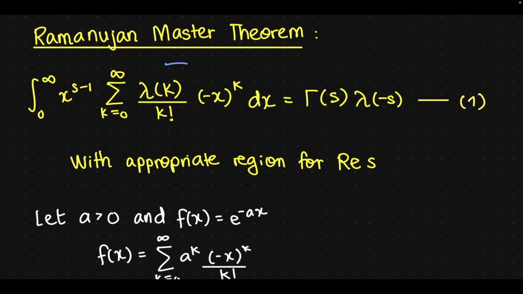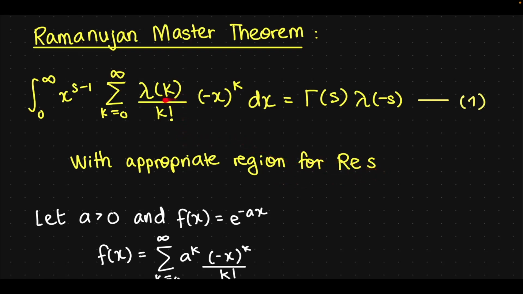Let's just recall the Ramanujan master theorem. So if we have an integral of x to the s minus 1 times the sum from k equals 0 to infinity of lambda of k over k factorial times minus x to the k dx, that's given as gamma of s times lambda at minus s, with the appropriate region for convergence, which is basically given by the real part of s.